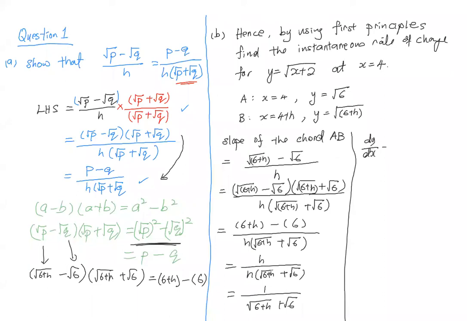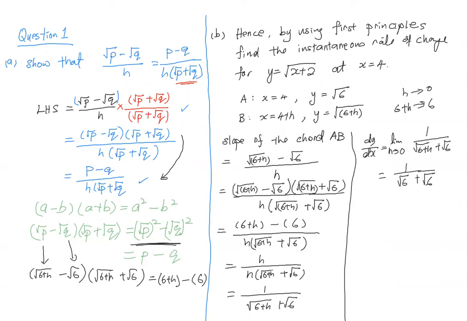So dy/dx is the limit as h tends towards 0 of 1 over square root of 6 plus h plus square root of 6. When h approaches 0, 6 plus h approaches 6, correct? So I have 1 over square root of 6 plus square root of 6.